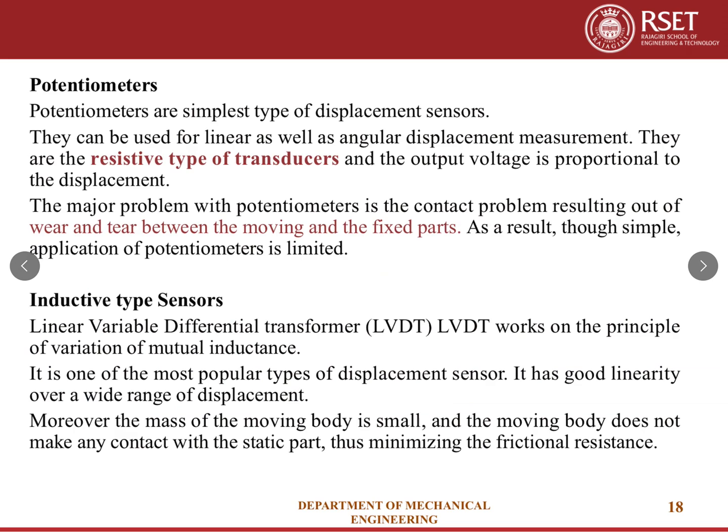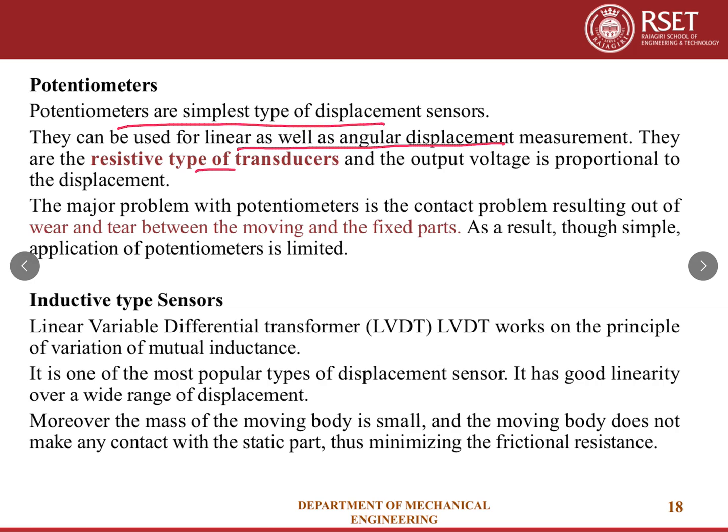Now we'll start with potentiometers. The potentiometers are a simple type of displacement sensor, the simplest type of displacement sensors. They can be used for linear as well as angular displacement measurement.